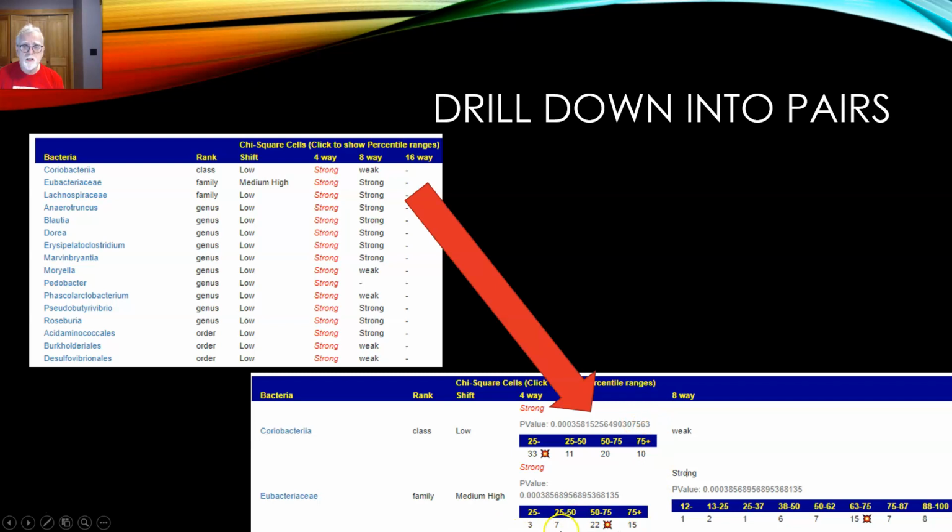Here's another case. In this case, we have the medium high. If we go up a level and break it into more parts, you see, instead of the expected 37, 44, 46, about 50 divided by 8, we are expecting about 6 per cell, and we find a whopping bunch between the 63 and 75 percentile, where we have far more.